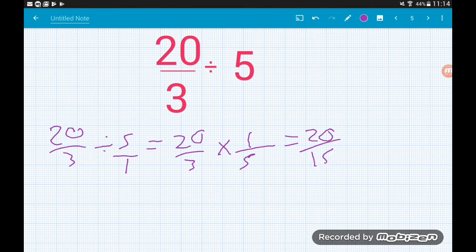Now 20/15 can be simplified, we've got a common factor of 5. So we've got 4 on top and 3 on the bottom. Now that's an improper fraction, so we could write that as 1 and 1/3. So 20/3 divided by 5 is 4/3, which is the same as 1 and 1/3. Cool.